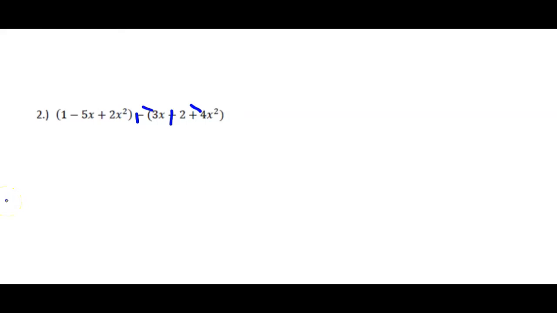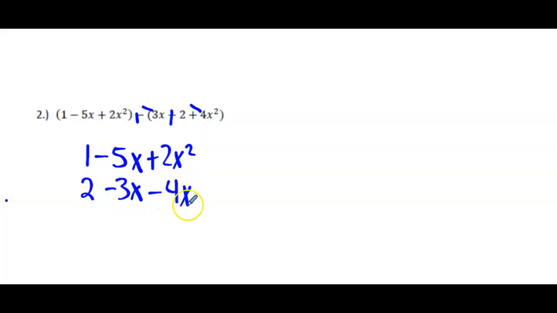So let's see. I've got 1 minus 5x plus 2x squared. So I'm just rewriting this. Underneath, I have a minus 3x in my next section, I have a positive 2, and I have a negative 4x squared here. Okay, so what am I going to get?